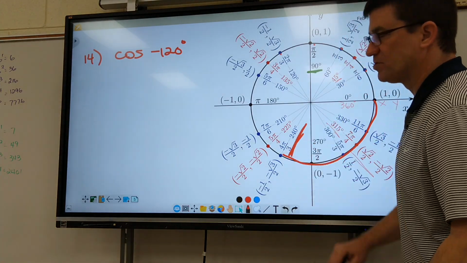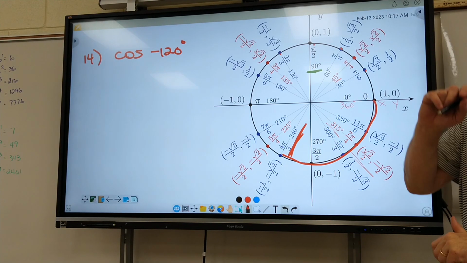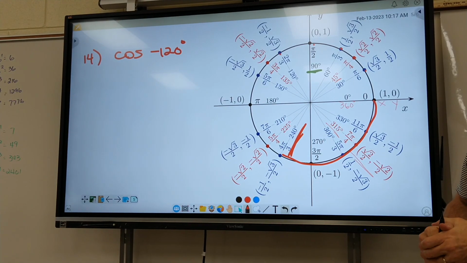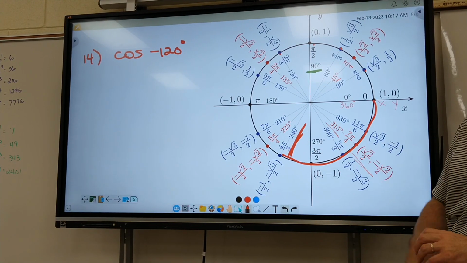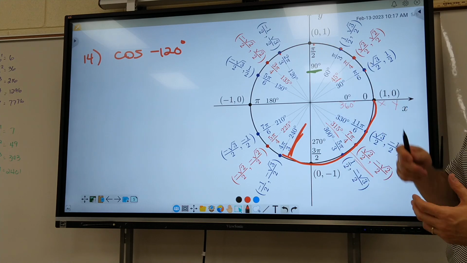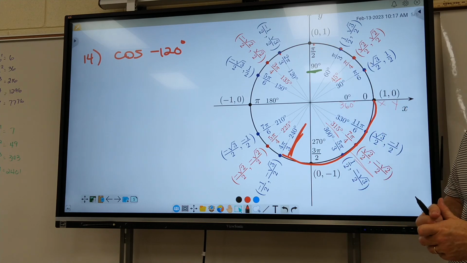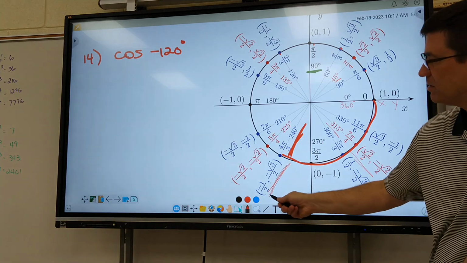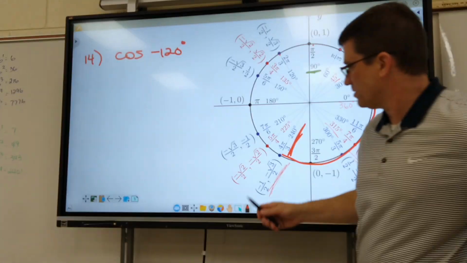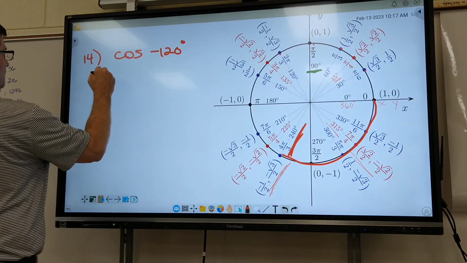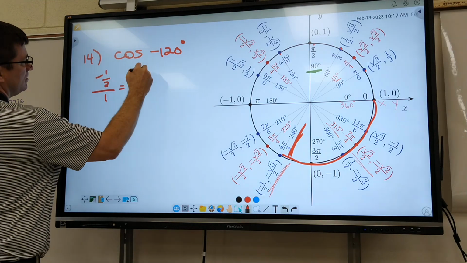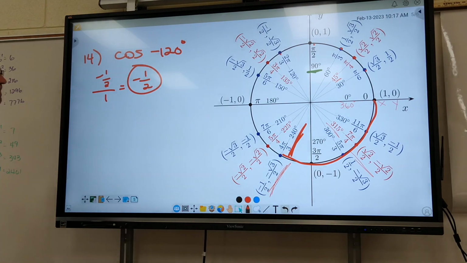This right here is negative 120. What's another way you could find it if you had a calculator with you? You could add 360, it's going to give you 240 either way. But I could give you that one on a test. All right, so this is your point. Cosine is x over 1, so your answer is negative 1/2 divided by 1 is negative 1/2.